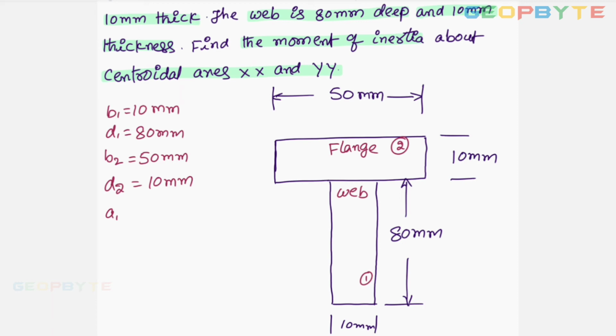With this information you can find the A1. A1 equal to, for a rectangle, area equal to breadth multiplied by depth. Similarly, A2 equal to B2 into D2. Both are in mm square.